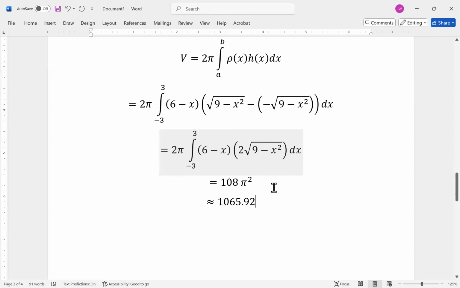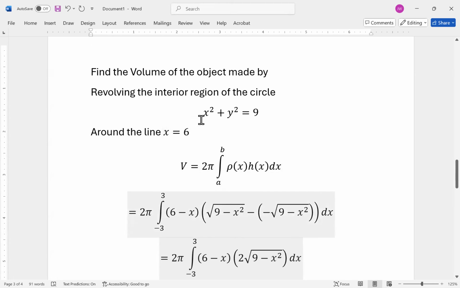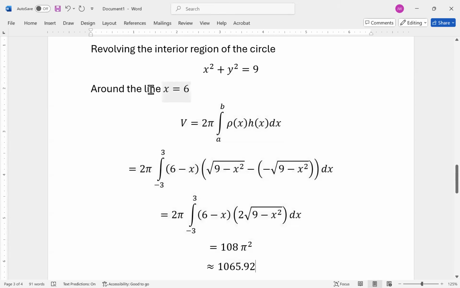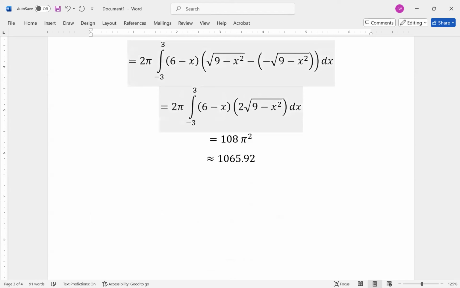By the way, in general, why we're getting this is you take the area of the inner circle, which is pi r squared, and you multiply it times 2 pi times the radius of this circle, which will be 6. So, pi r squared, and then multiplied times the circumference of your travel, which is 2 times pi times a different radius.